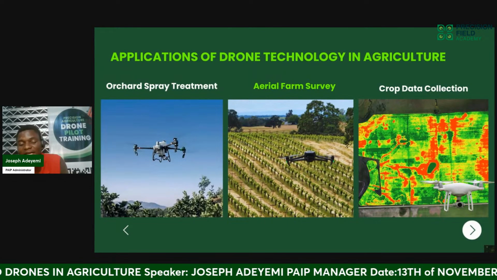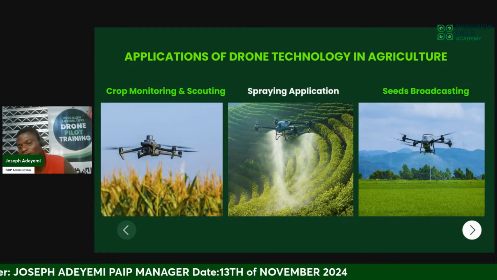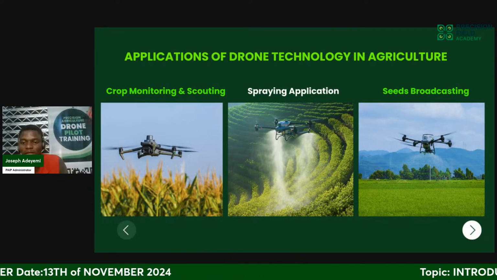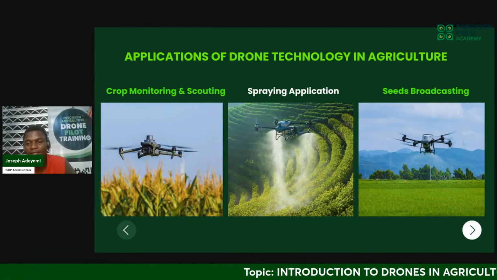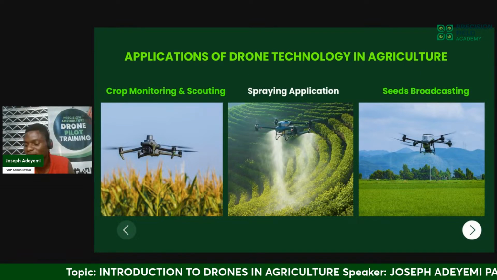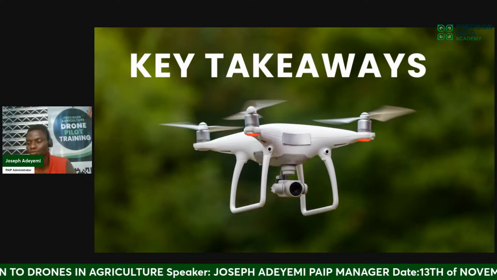They help to collect data to make informed decisions. So crop monitoring and scouting, you can monitor and scout your crop, and there is the spray application, spraying agrochemicals like pesticide, insecticide. There's seed broadcasting for the application drones. I've mentioned that. So those are applications of drones. So what are the key takeaways in this class for you?